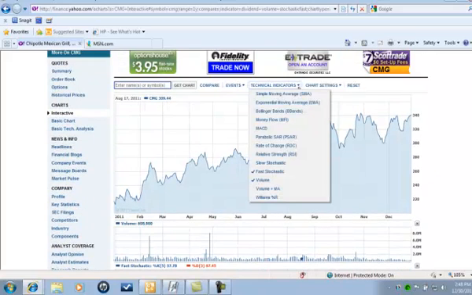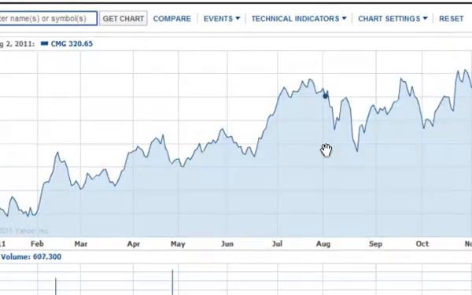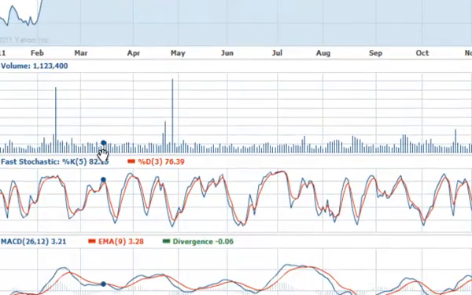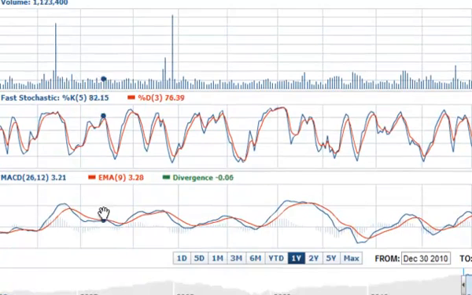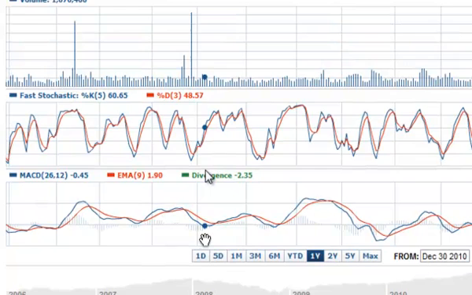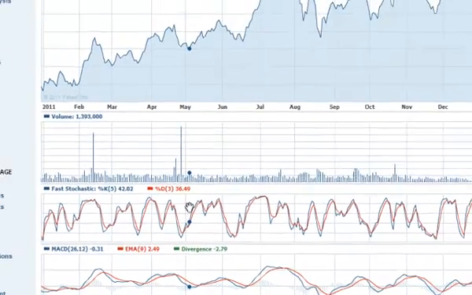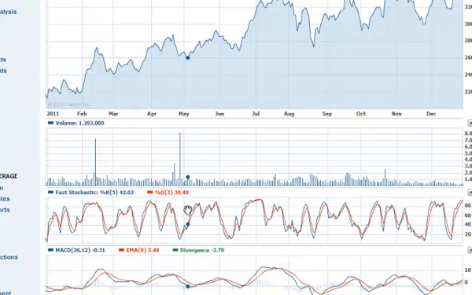Now there's one more indicator that I use. I only use 3 of these. And the other one is called the MACD. Now the MACD is another oscillator. In this one, you've got 2 lines here. And when the blue line is below the red line, that means the stock is in a downturn situation.